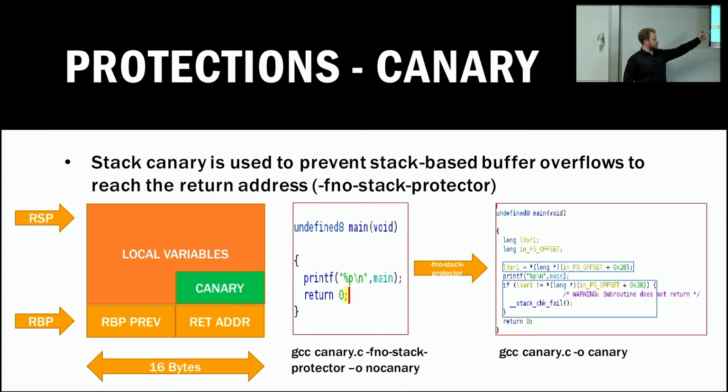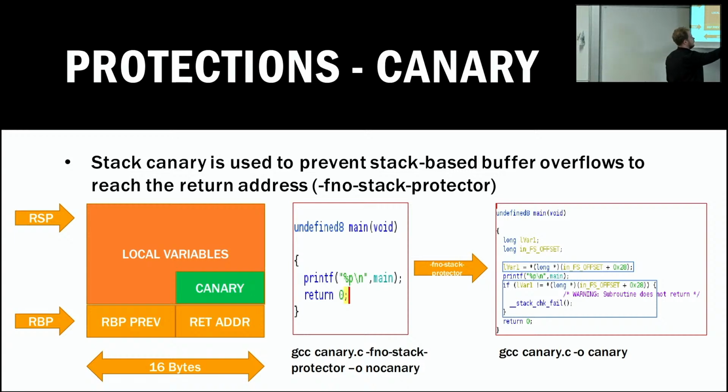If we look at this picture, let's say we have a buffer in the local variables with a buffer overflow vulnerability. We read or copy into it more data than is reserved, and then we'll be able to overflow the stack. The canary placed just above the return address prevents that.